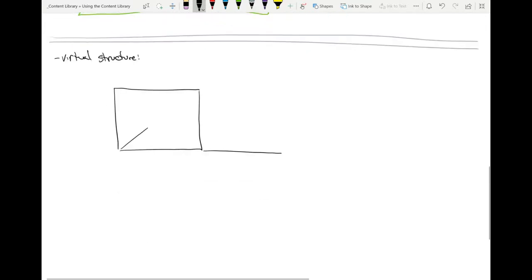Okay, so this one was going like this. This one's going like this. Right. Okay. And for this structure, what we're doing is, remember, we're defining the deflection at C in the Y direction.